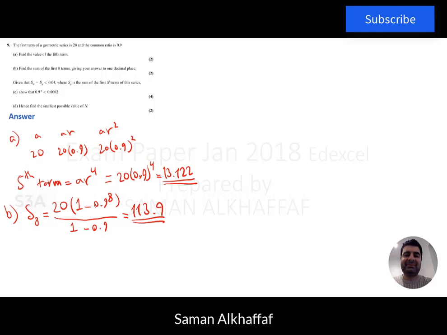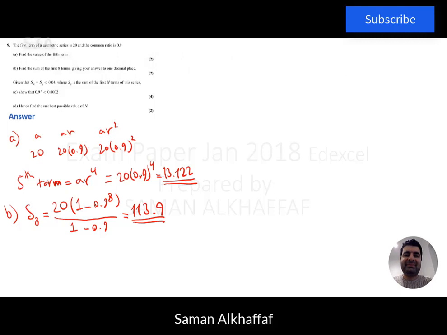And for part C, we are told that S infinity take away Sn is smaller than 0.04, where Sn is the sum of the first n terms of the series. So for part C, we need to show that 0.9 to the n is smaller than 0.0002.